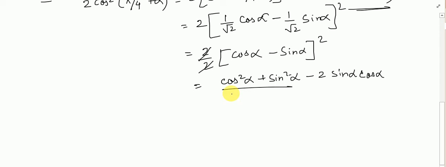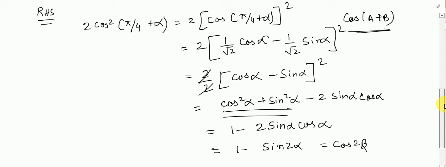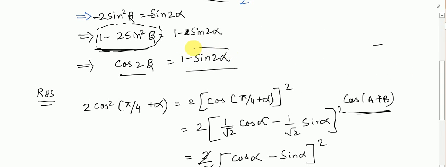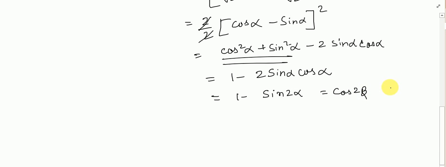So this part will be 1 minus 2 sin alpha cos alpha. So after this I can easily write it as 1 minus sin 2 alpha, which is equal to cos 2 beta, which I have proved earlier from equation 1. I can name this as equation 1.